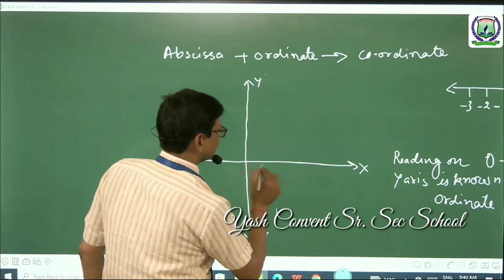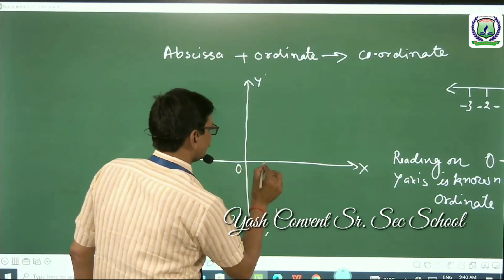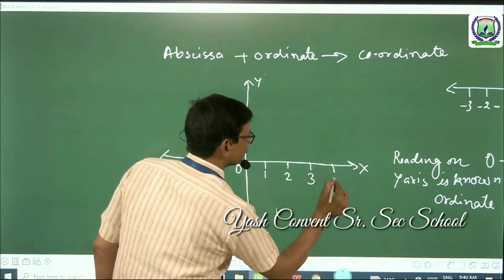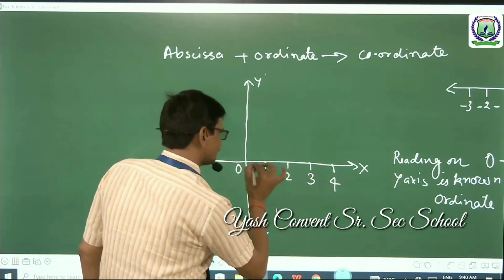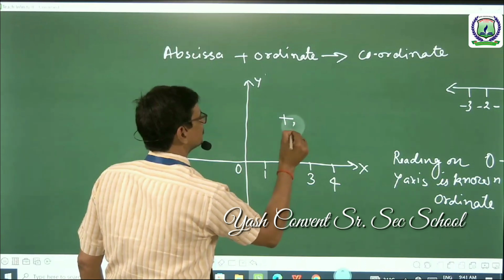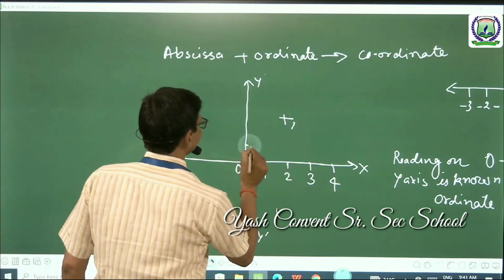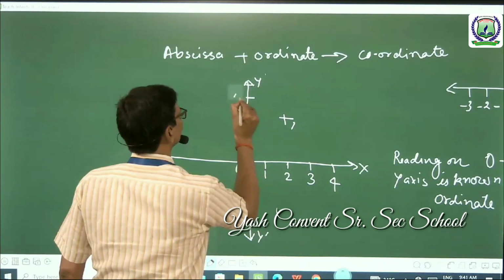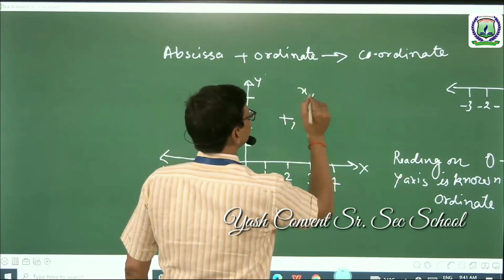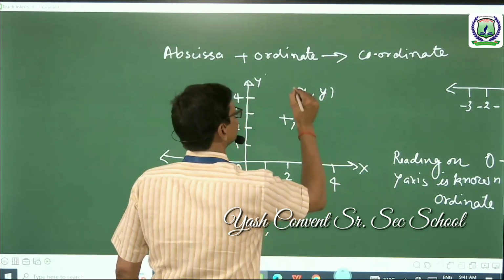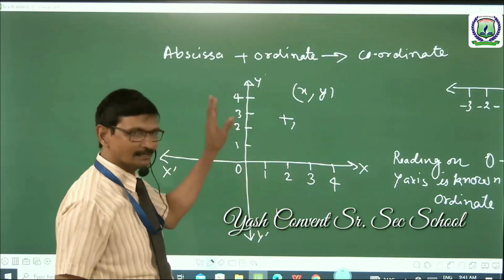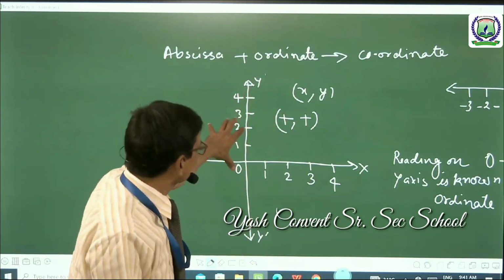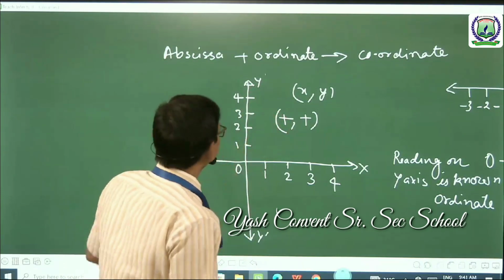From the origin, to the right side all numbers are positive, and since we write the abscissa first, that is positive, and the ordinate, which goes upward 1, 2, 3, 4, is also positive. So in the first quadrant it is plus plus, meaning the points lying there are positive.